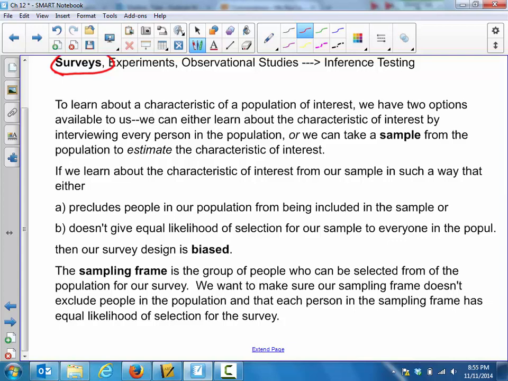Maybe the group of people who don't have ELCs, if a bunch of people have AP release, I could accidentally be excluding from our survey a lot of juniors and seniors who are naturally going to be taller than the freshmen and sophomores. Okay? So there's a quick example of bias resulting from omitting people in your survey selection process. Okay, B here doesn't give equal likelihood of selection for our sample to include everyone in the population.